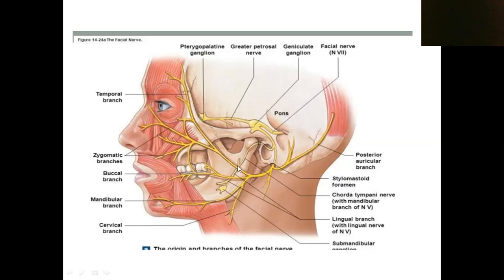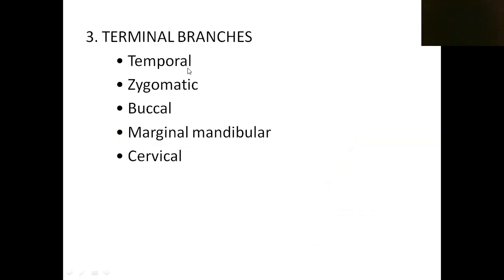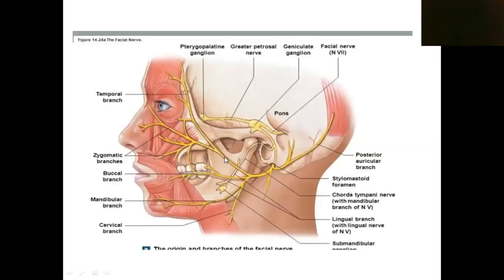Those are the terminal branches of the facial nerve. These are the temporal, zygomatic, buccal, marginal mandibular, and cervical. Terminal branches and area of supply: all these branches supply the facial muscles.